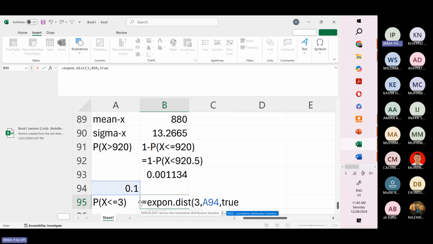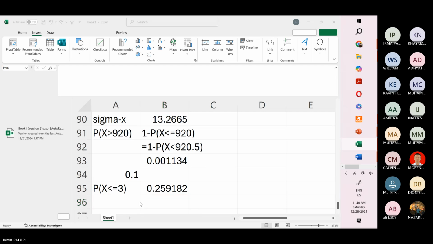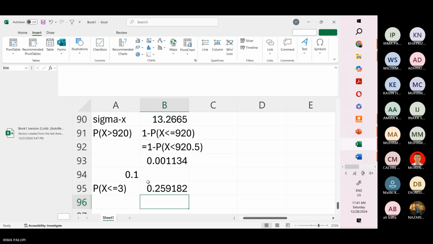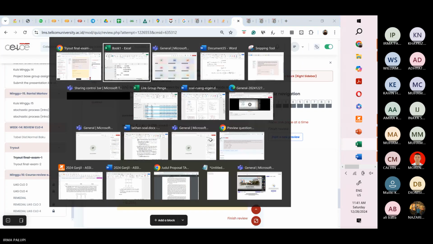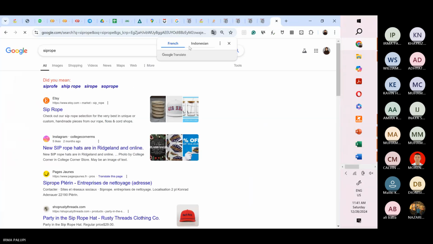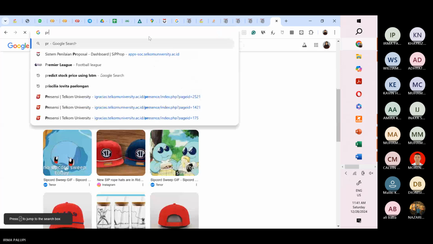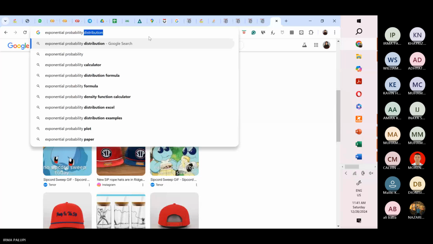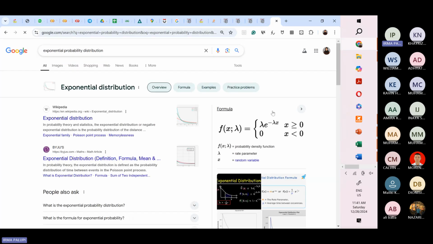0.2592. And we need to clarify what this is. Okay, this one, right? e to the power of minus lambda x.